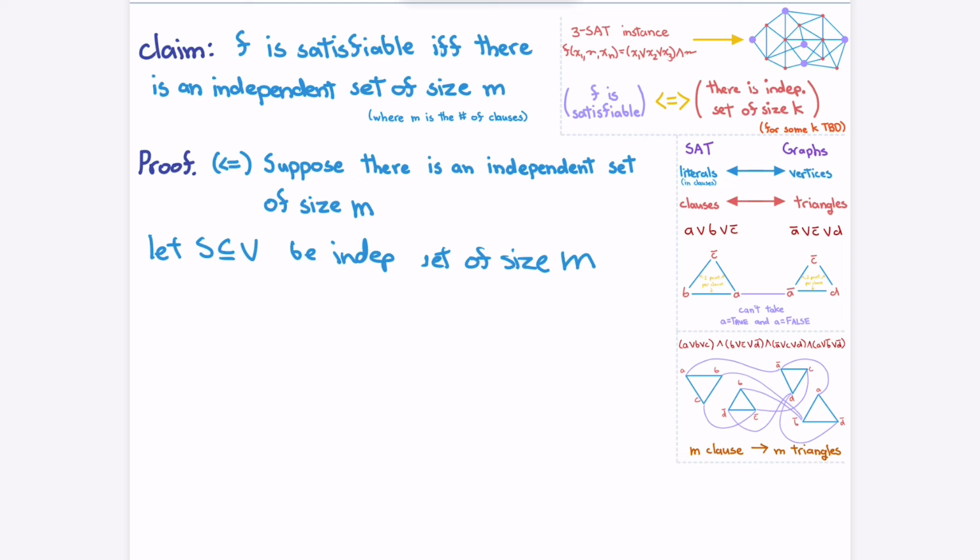How do we describe that? You have this independent set of size M, and you just want to read off a satisfying assignment.